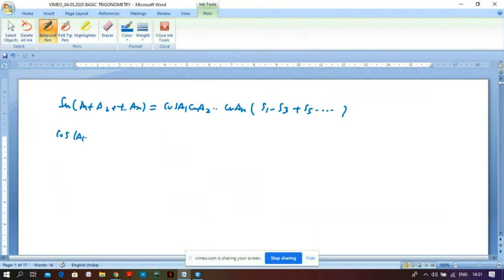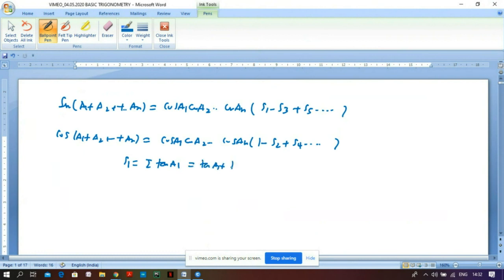And similarly cos of a1 plus a2 plus an, there are n elements here in the argument, and that equals again cos a1 times cos a2 times cos an, and you have now 1 minus s2 plus s4, and so on, alternately positive and negative, where s1 is sigma of tan a1, that is tan a1 plus tan a2 and so on, taken one at a time.